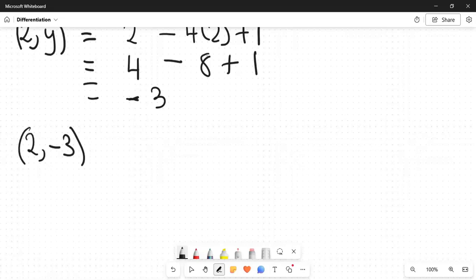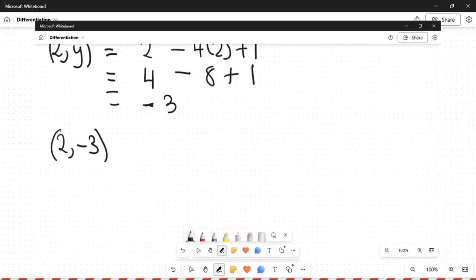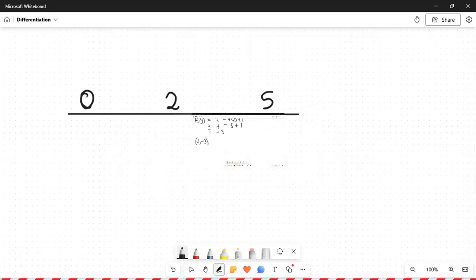It's as simple as that. So we have to find a number greater than 2, which is 5, and a number less than 2, which is 0. So we substitute 0 and 5 into our differentiated equation.